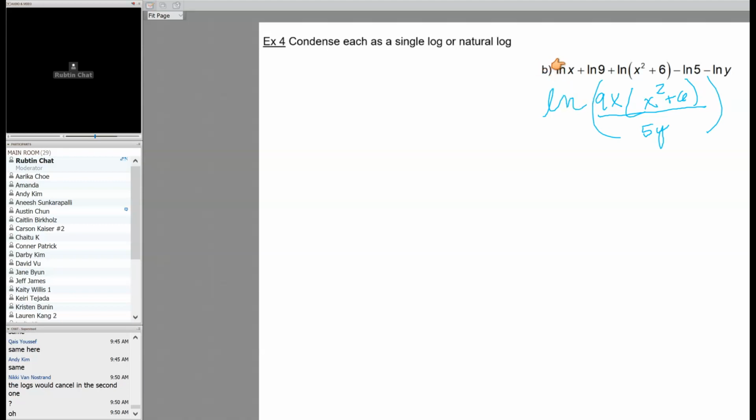You've got things that are added, so this must be x times 9 times parentheses. That goes in the top. Anything that follows a subtraction sign goes in the bottom. And notice I'm only picking the arguments. I'm only picking the thing in back of the ln. The ln itself stays on the outside. So let that marinate in your head.